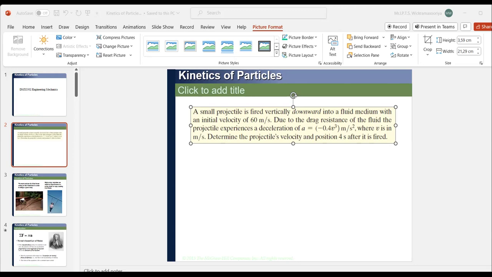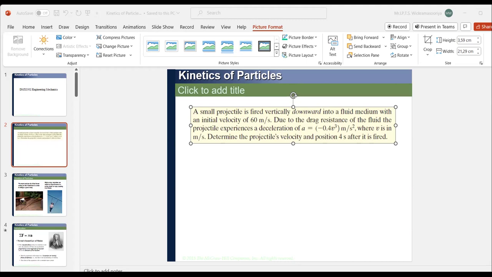Now, how can we do this question? It says we have a small projectile, that means a moving particle, moving vertically downward into a fluid medium. Let's suppose you have a stone or something which is forced down into water, in a lake or a pond.